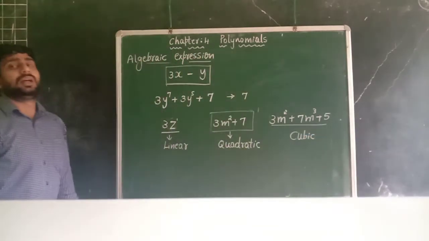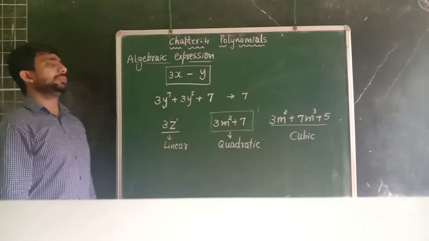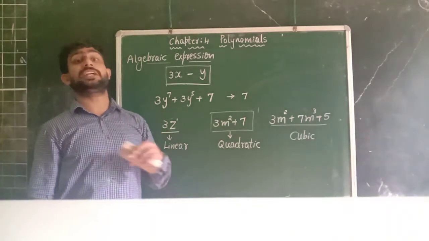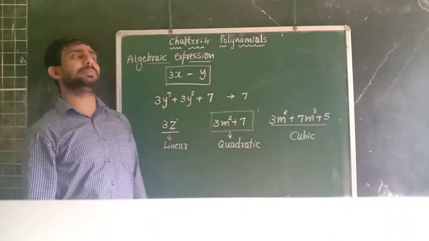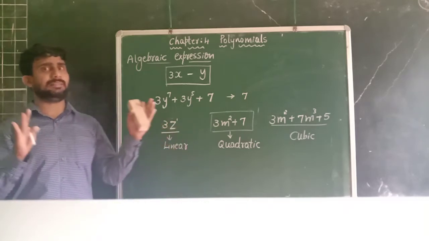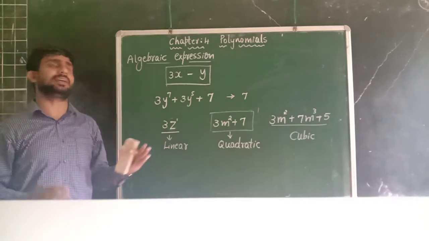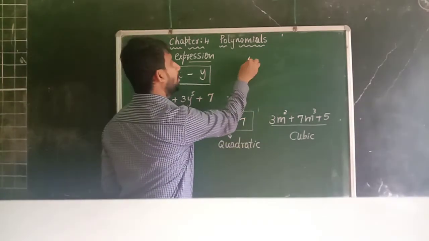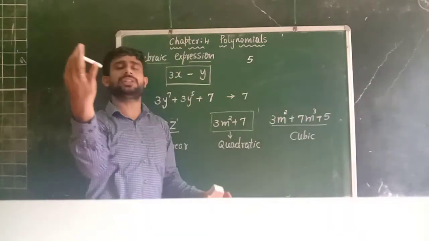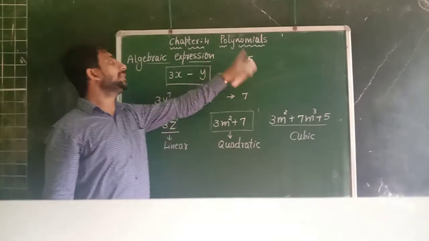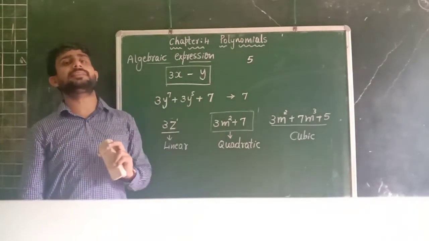Now, there are some polynomials we call constant polynomials. What do you mean by a constant polynomial? The value of that polynomial remains constant, fixed, in different situations. For example, if you say 5, everyone will show it the same way, as 5. It is a constant polynomial. 5 is a constant polynomial.